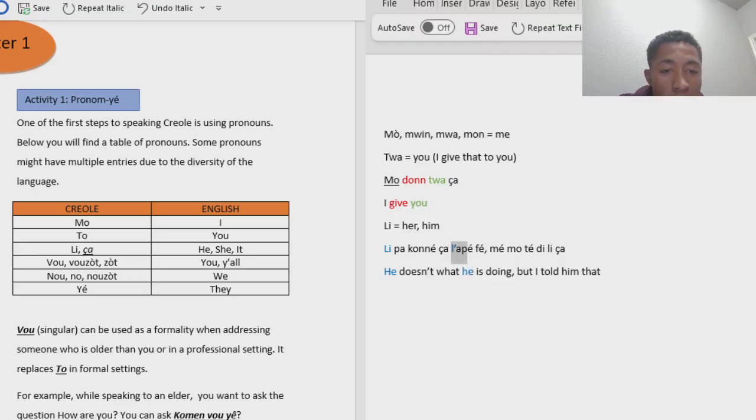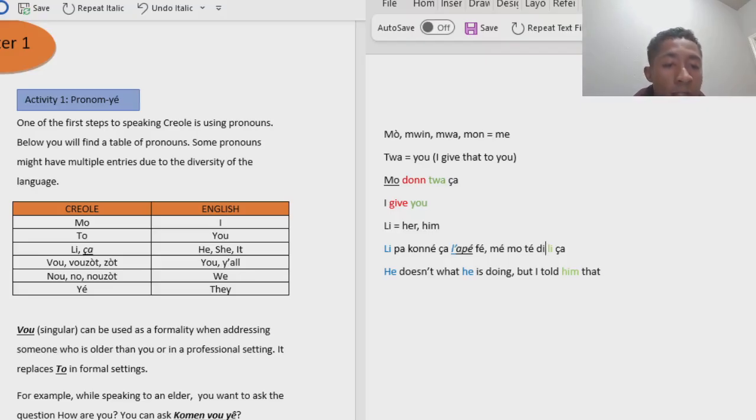So let me just underline and italicize that. And then you have this li, which serves as your indirect, which becomes your him. And you can usually tell what is what based on if something is being acted upon, said person or said thing.